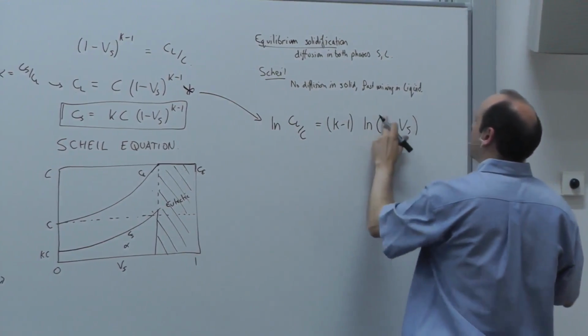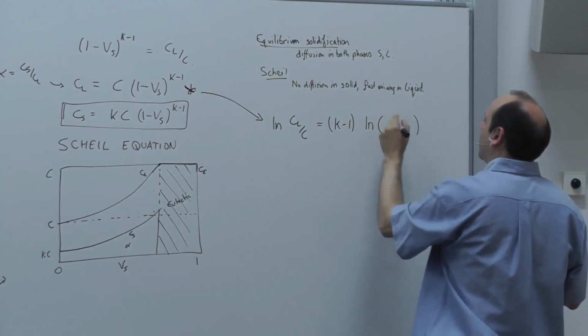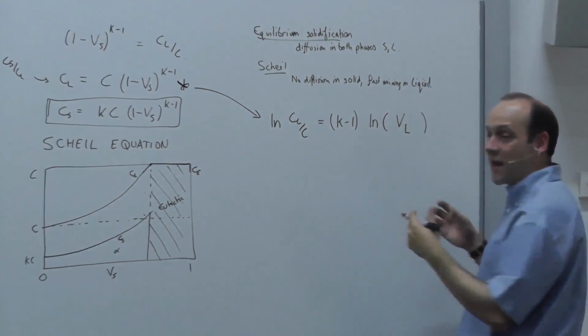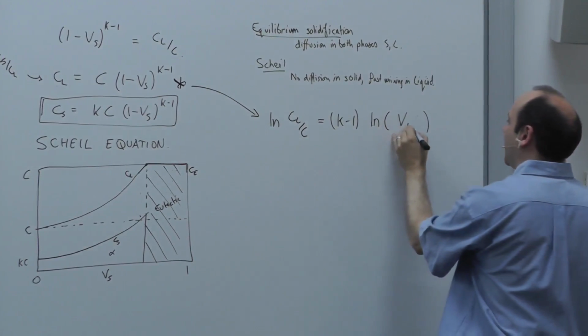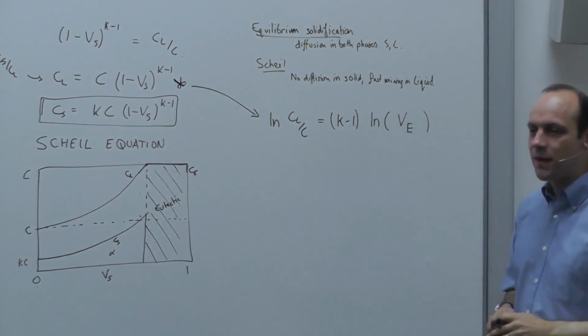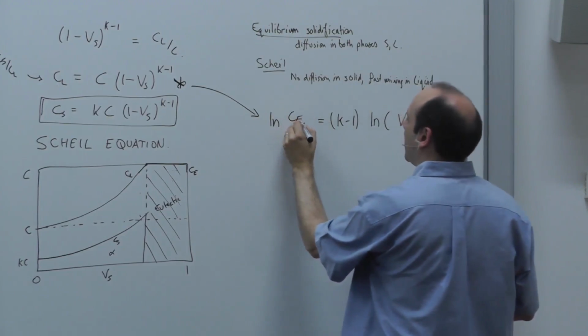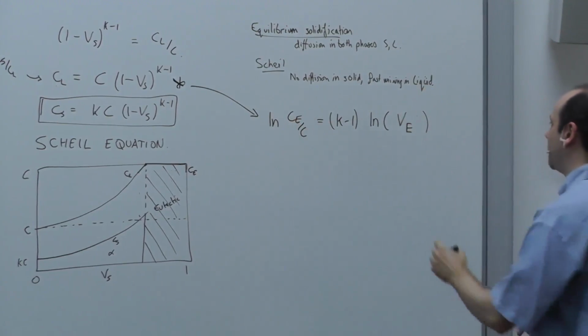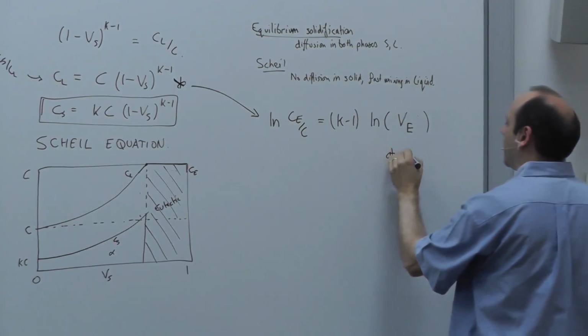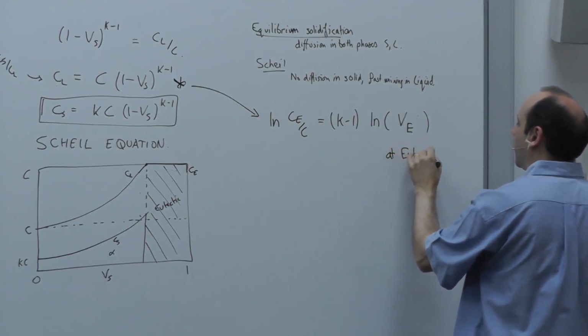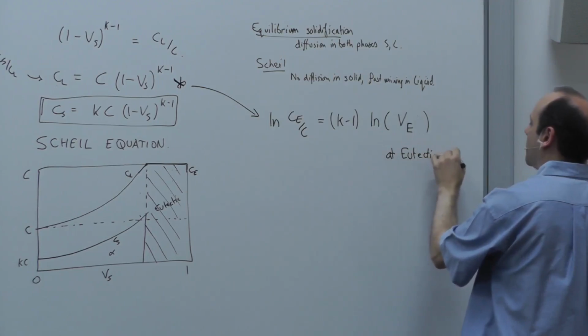So that's equal to VL, which if we're considering the eutectic, that's equal to VE. And that composition of the liquid will then be the eutectic composition at the eutectic point.